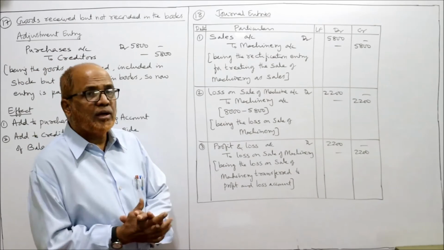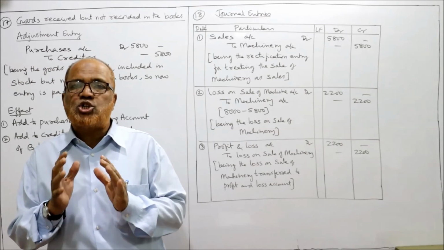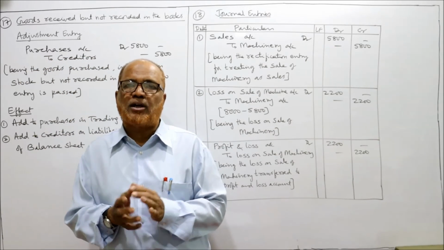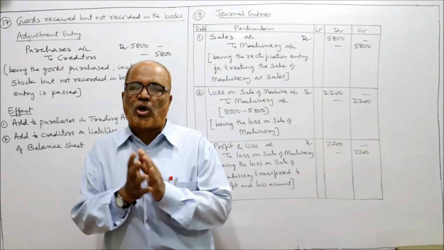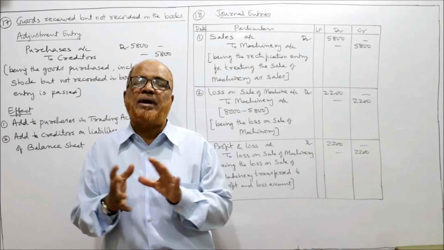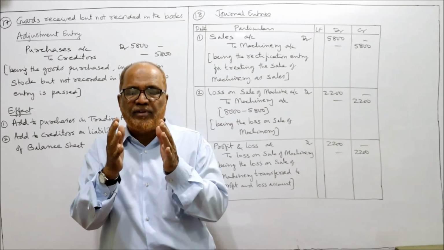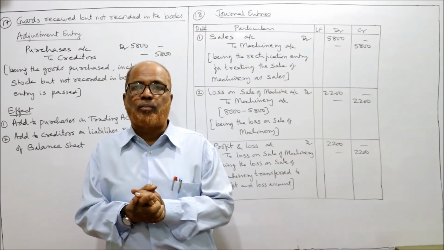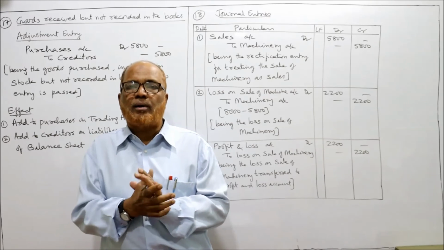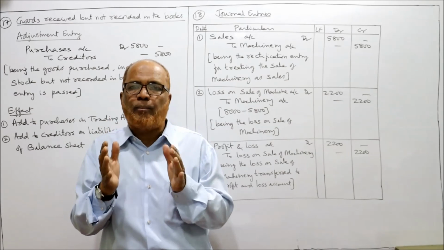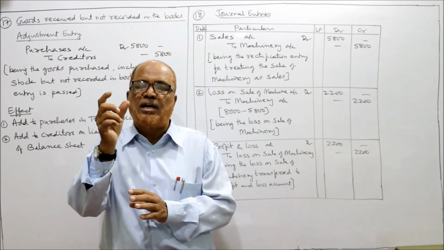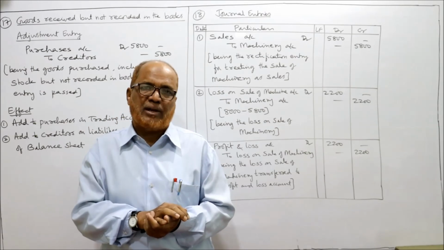That's it. Totally 18 short problems we have completed on final accounts. These short problems are all adjustment problems and special items which will occur while doing the long problems. In the next video, I am going to start the main problems on final accounts, that is trading, profit and loss account and balance sheet.